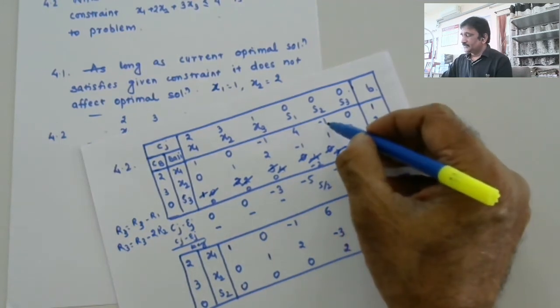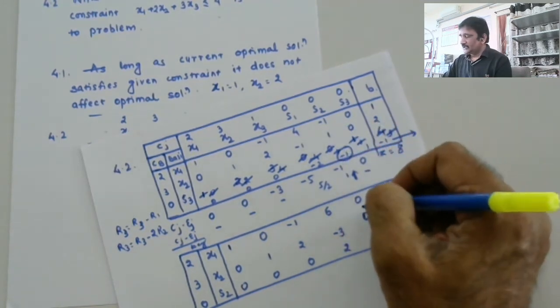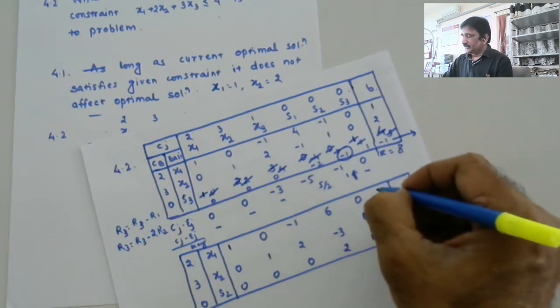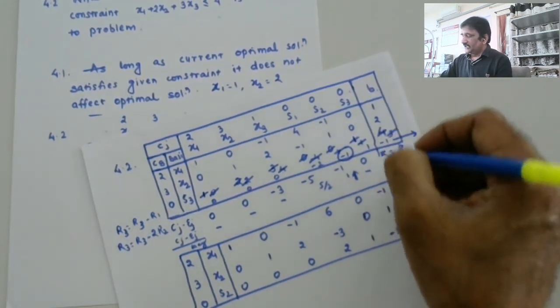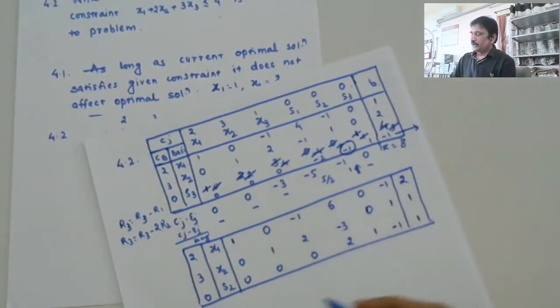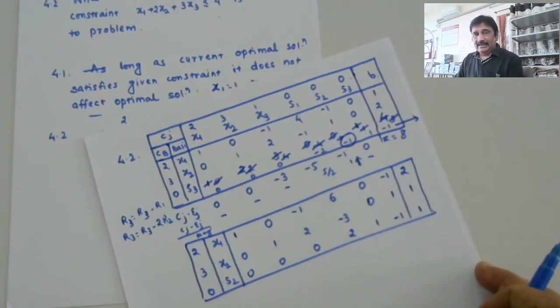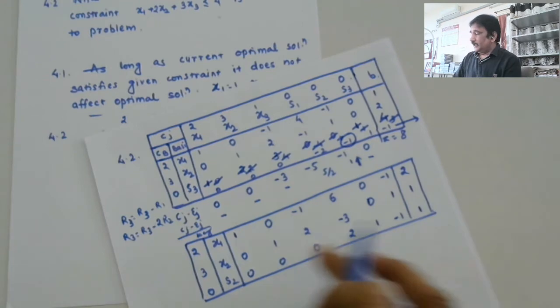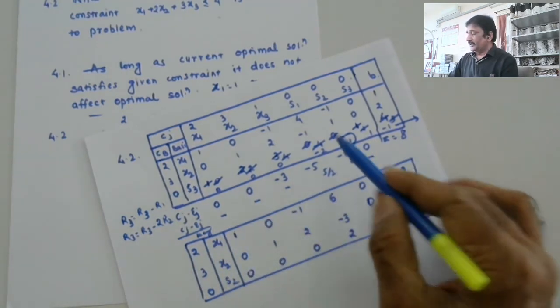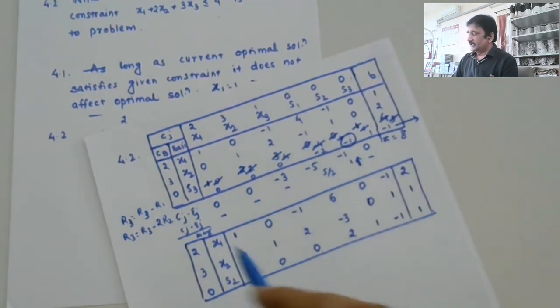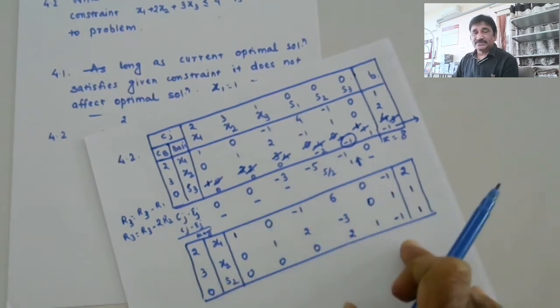Then minus 1 minus 1 is 0. Then 0 minus 1 is minus 1. 1 minus 1 is 2. So this way, because of the new constraint and the entering of the S2 variable and leaving of S3, the equations have changed this way.